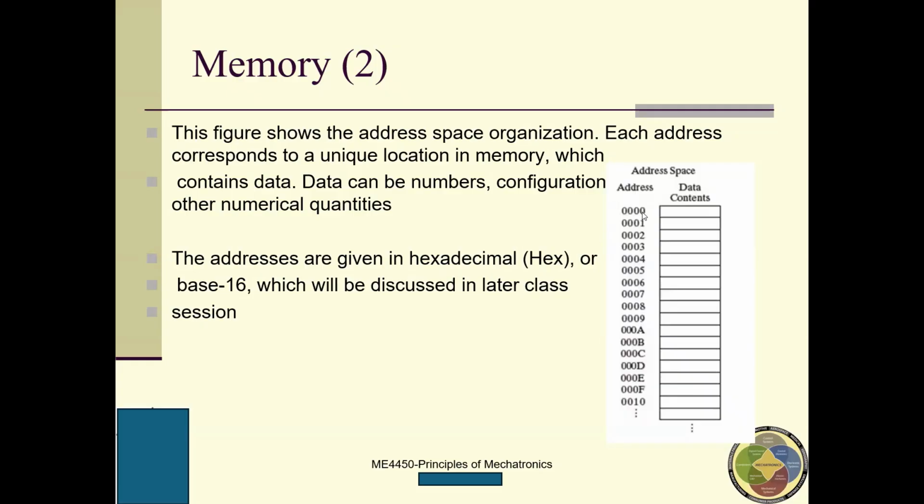See, from 0 to 9 is similar to our decimal number system. But after 9, we will have A, B, C, D, E, F. A corresponds to our number 10, and B corresponds to number 11, and F corresponds to number 15, right?